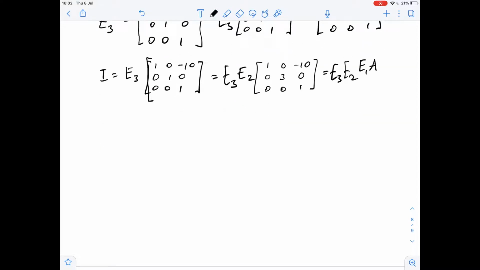So A inverse: the equation which we got is that the identity matrix equals E3 times E2 times E1 times A. Then if we multiply both sides by A inverse, we get that A inverse equals E3 times E2 times E1.